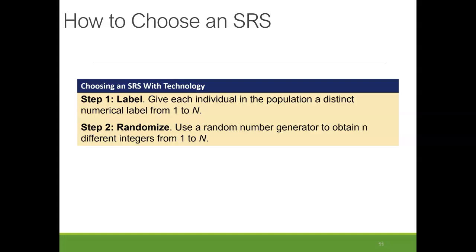If you want 100 individuals, then you'll run the random number generator 100 times. And you can set it up to do it without replacement, so once you've called number 97, the random number generator can't output number 97 again.